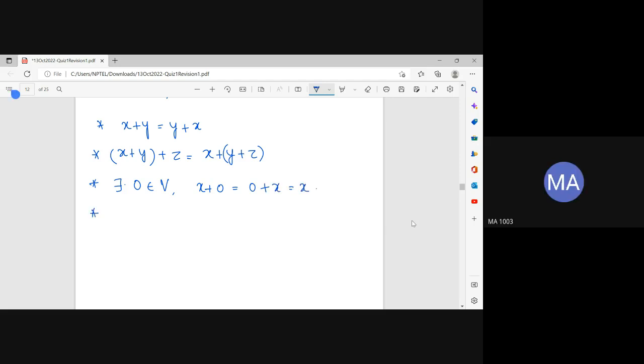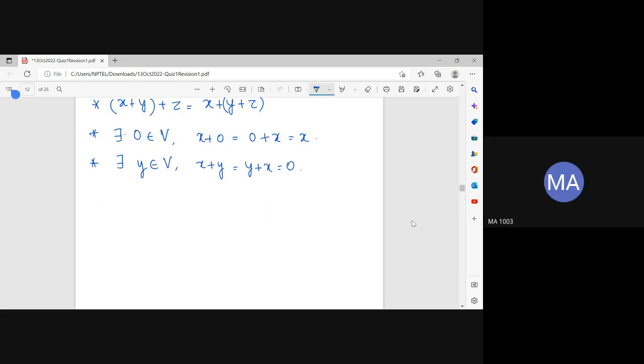And then the additive inverse: there is a vector which, when I add it, gives the additive identity. And then unity: 1 times the vector x should be equal to x.